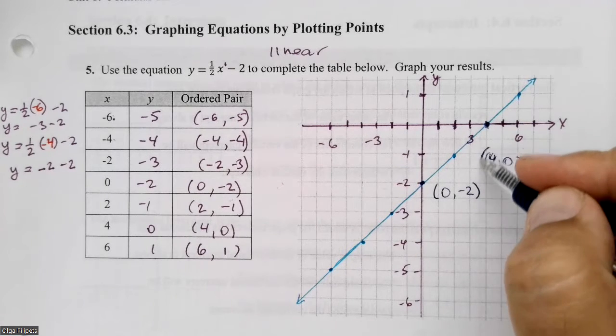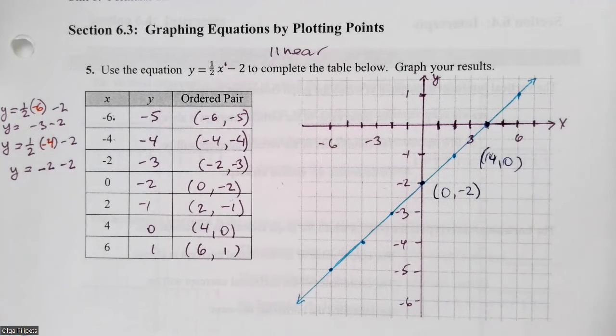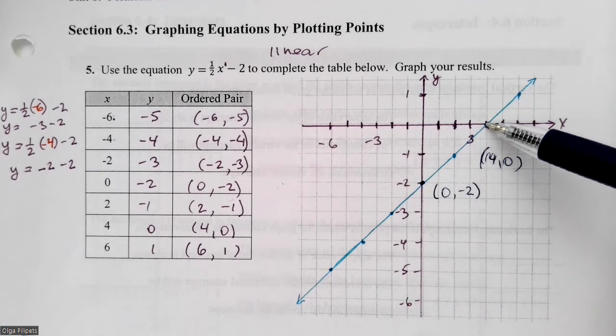Okay, and I want to remind you again that for the x-intercept, the y-coordinate always equals 0 because this point sits on the x-axis. So there is no movement up or down.